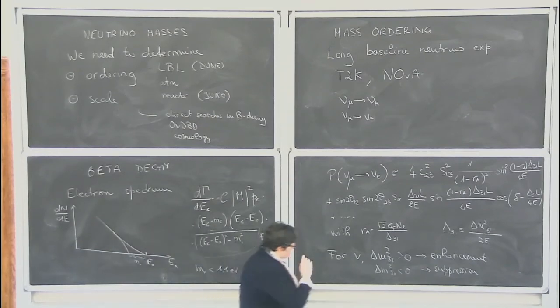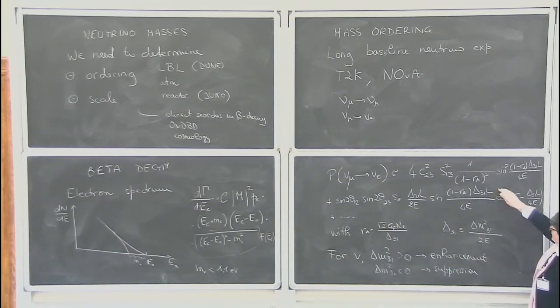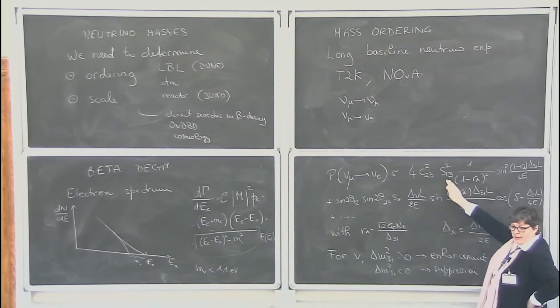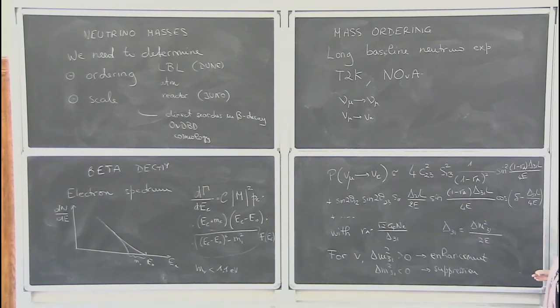Now, as you see, this formula is very complicated. Here I have this term, which although it is due to theta 1 3, the small mixing angle, still dominates compared to the other, because theta 1 3 is not too small. It's around 9 degrees, which is sizable.